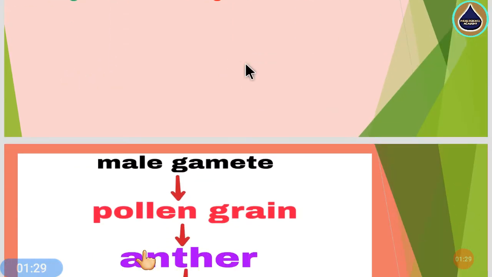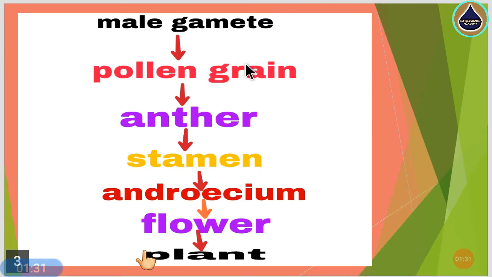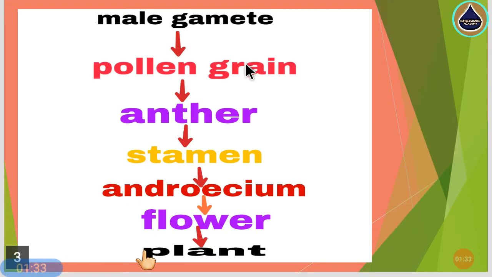Now, before I take the example of how many cells are needed for seed formation, I would like to explain how this male gamete is formed and where its location is.